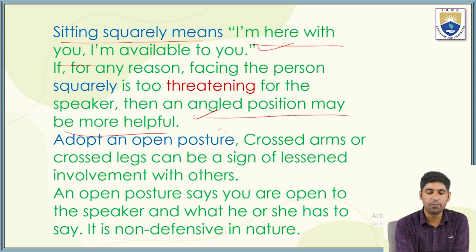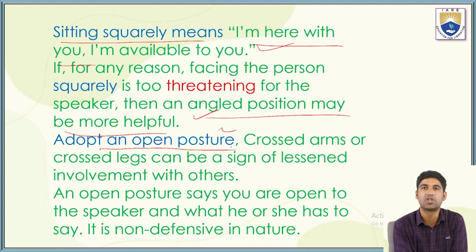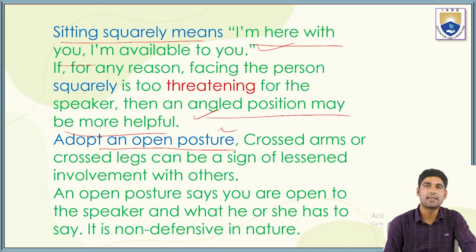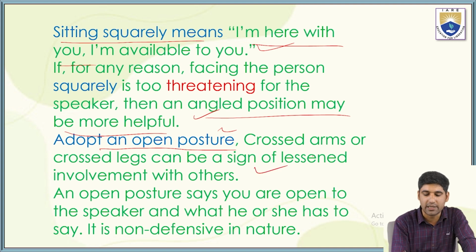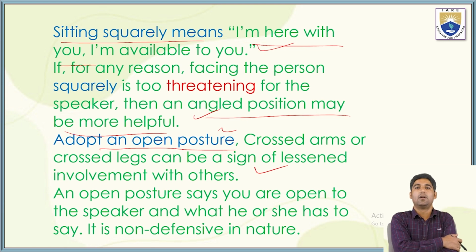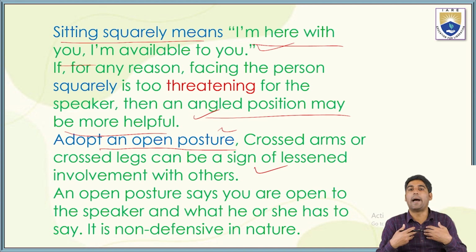Then, what is open posture? It's better to adopt an open posture. Why? See, sometimes we are cross-armed, cross-legged. It is a sign of lessened involvement with others. If I teach you while sitting like this, it tells you that there is not major involvement of myself in this dialogue, in this lecture.